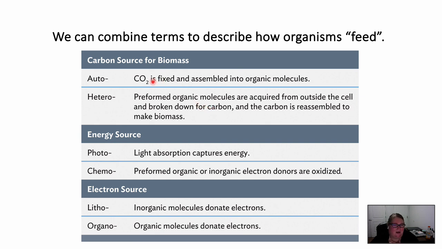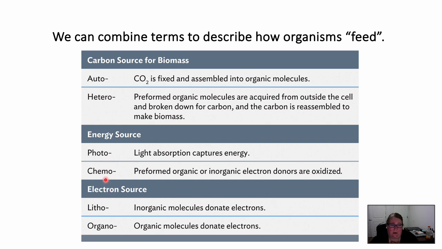So when we're trying to identify auto versus heterotrophs, we look for whether it fixes CO2, whether it uses CO2 to make its own food. For the energy source, we're either going to be photo or chemo. Photo uses light, chemo uses chemical compounds.